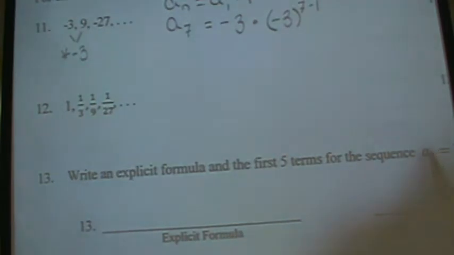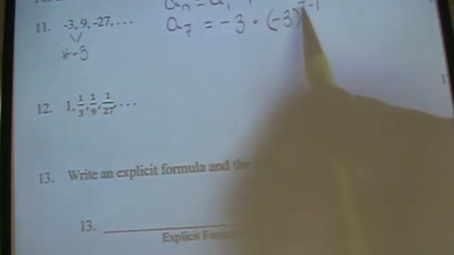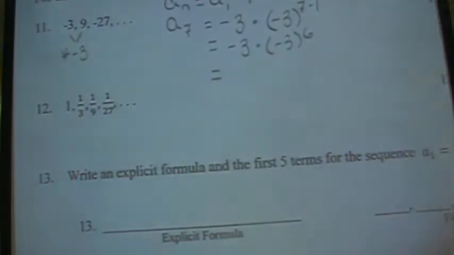So our r value is going to be negative 3, and that's going to be to the 7 minus 1 power. Now, for this one, make sure this negative 3, when you plug it into your calculator, that it's in parentheses. You need to take this negative 3, the whole quantity, to the 6th power. You're going to have negative 3 times negative 3 to the 6th. And when you multiply that out, you should get negative 2,187. So number 11, you should get negative 2,187.